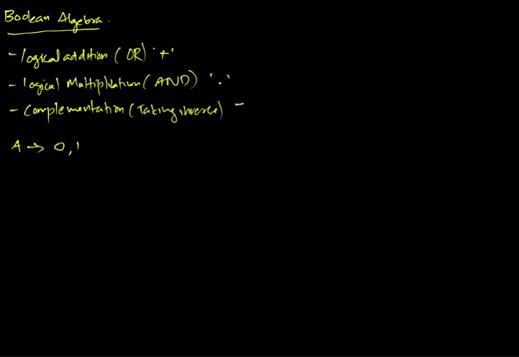So let's discuss some of the basic laws regarding Boolean algebra, which are the same as in ordinary algebra, with which we are already familiar: the commutative law, the associative law and the distributive law.